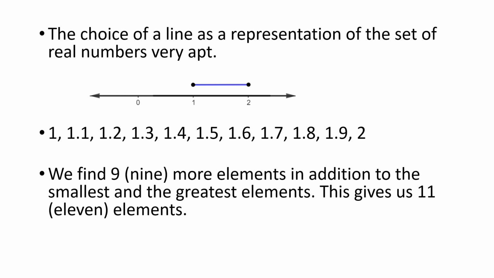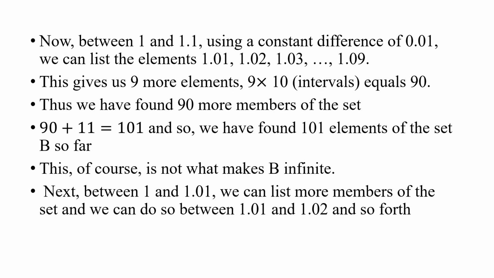We'll have 1.1, 1.2, 1.3, up to 1.9. We find 9 more elements in addition to the smallest and the greatest elements. This gives us 11 elements so far.